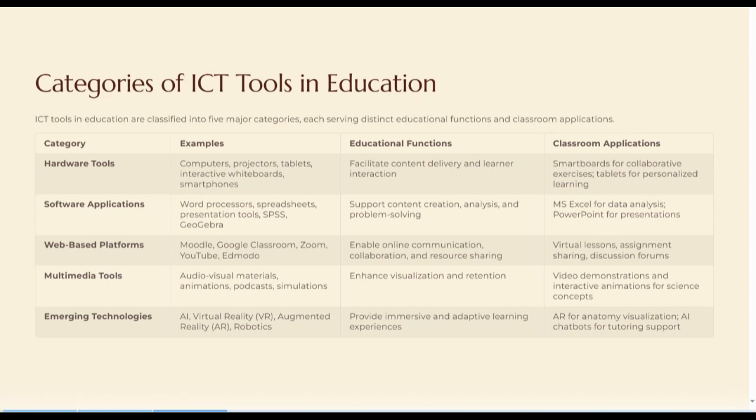Immersive learning, whereby you have large language models that you can question in order to have a deeper understanding of different concepts. AR, for example, can be used for anatomy visualization, while we use AI chatbots for tutoring and learning support.